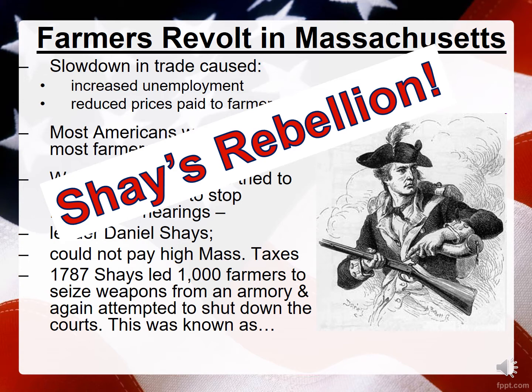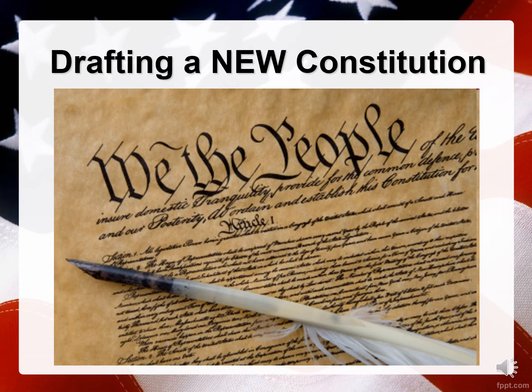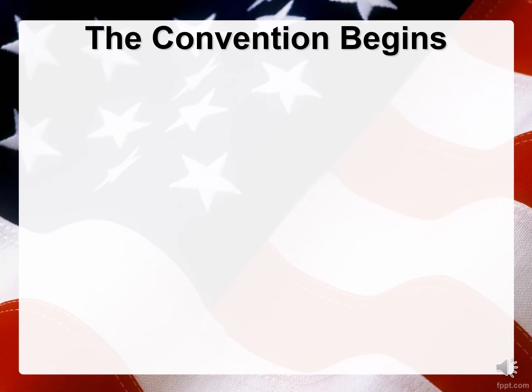This really showed a glaring issue underneath the Articles of Confederation, and really screamed that something had to change. So now, as we draft this new Constitution, this is where we're going to start to see how our government that we reside under today was actually formed.